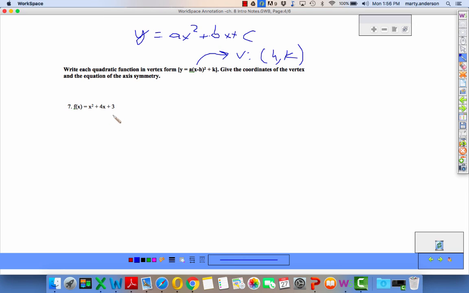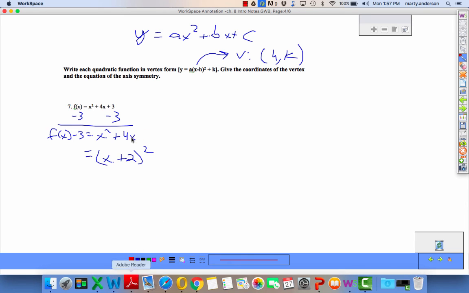I like to do these by moving the 3 to a holding pattern over here. f of x minus 3 equals x squared plus 4x. This is where we're going to complete the square, right here. I have my x, and I have my 4, I divide it by 2, I say plus 2. I square it. Now this is a big moment.